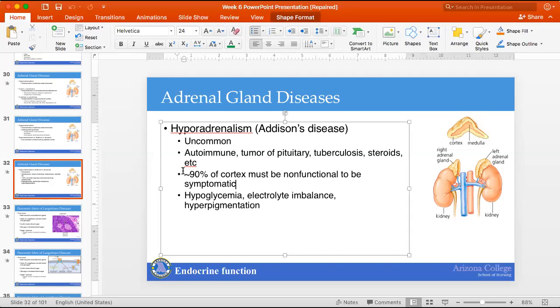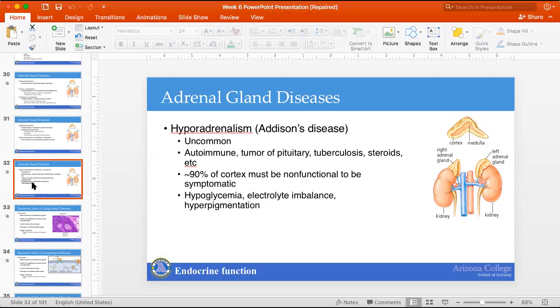So almost the entire cortex, maybe just this bottom portion still functional, before you would start seeing symptoms. You'll see hypoglycemia, electrolyte imbalance, and hyperpigmentation, so maybe patches of increased melanin on their face or other parts of their body.